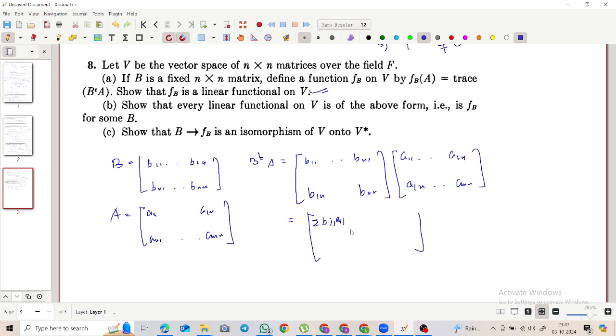So the next will be summation B_i2 A_2i, right? Am I doing the calculation right?